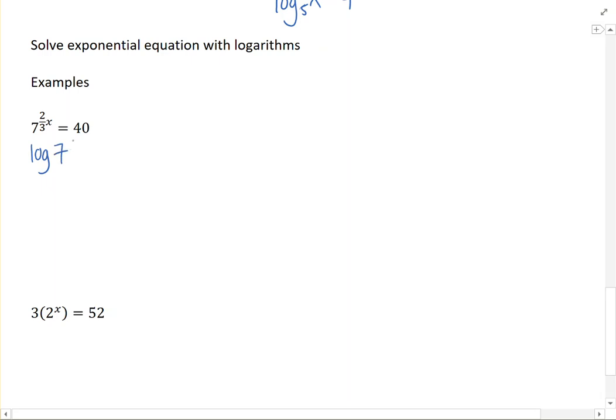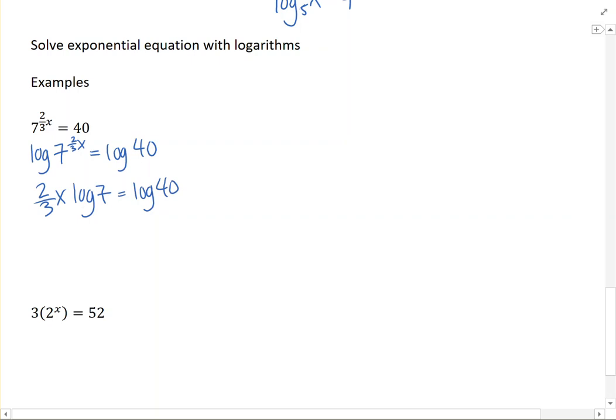So we have 7 to the 2/3 x, this is an exponent, equals log 40. With the power law, we're just going to move everything out. So we have 2/3 x log 7 equals log 40.